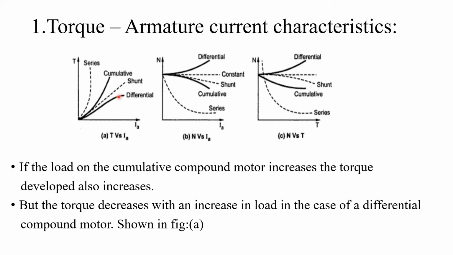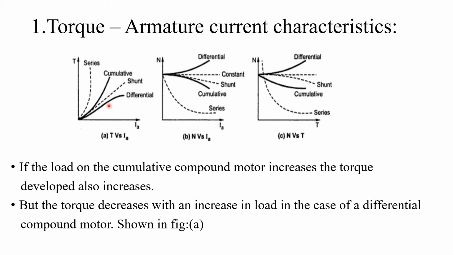For cumulative machines it is not exactly linear, but almost linear, not like series and not like shunt. It shows the characteristics of both series and shunt, hence the torque versus armature current characteristic of cumulative machines lies in between the series and shunt field motors. We can see this here.